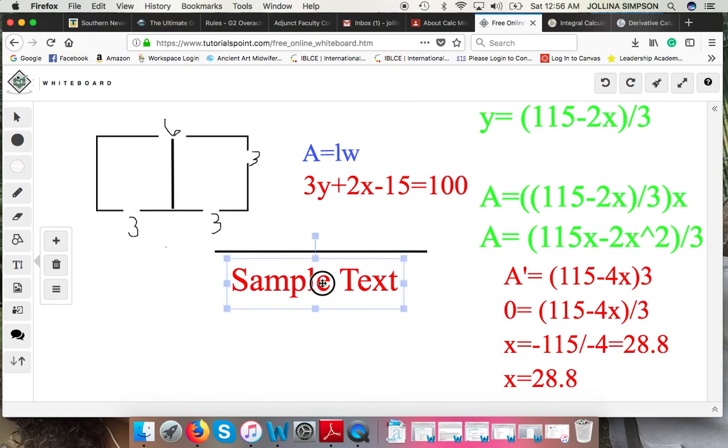So we're going to say, okay, 28.8 is our value. And so we want to put that value in line and choose some test values to go along with it. So since our critical point value is 28, I think I'm just going to choose 20 as one test value. And then I'm going to put my 28.8 here. And then my last value I'm going to put as 40.